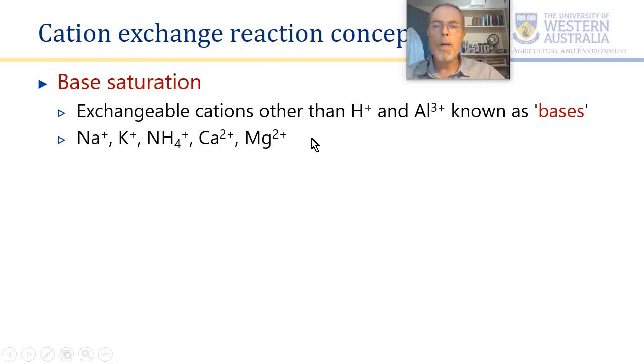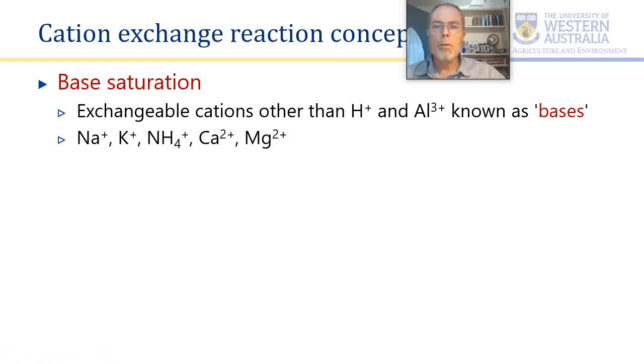And these are what we call the base cations, or just bases. There are historical reasons for that as well, and it does make sense. If a soil has higher pH, that is, it's more basic, these cations will be much more abundant than the other acidic cations, hydrogen and aluminium ions, and they, together with the base cations, will dominate the cation exchange capacity.